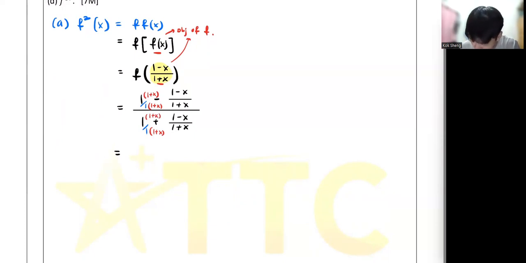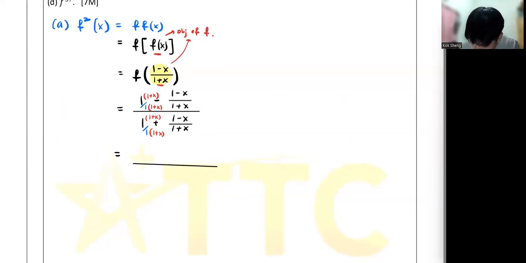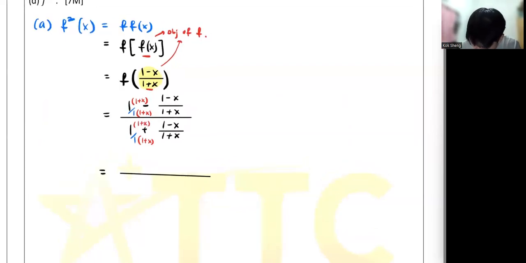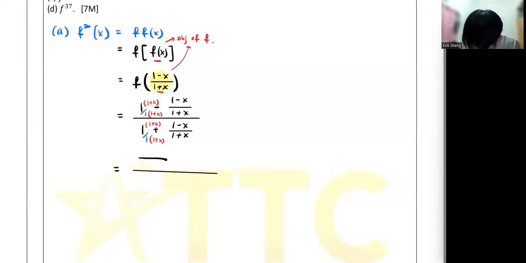Okay, let's go. So you have a fraction. 1 plus x, 1 plus x minus. Okay, then continue. The bottom one, you will get the same fraction.